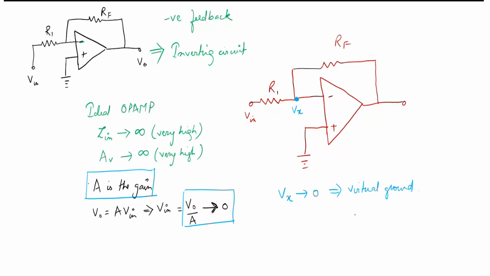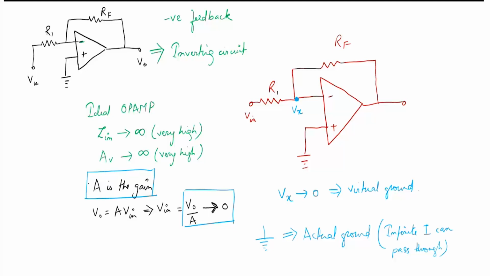But remember, this is different from the actual ground. How is it different? You must have seen this symbol, right? The grounding symbol. This is the actual ground. In the actual ground, infinite current can pass through.